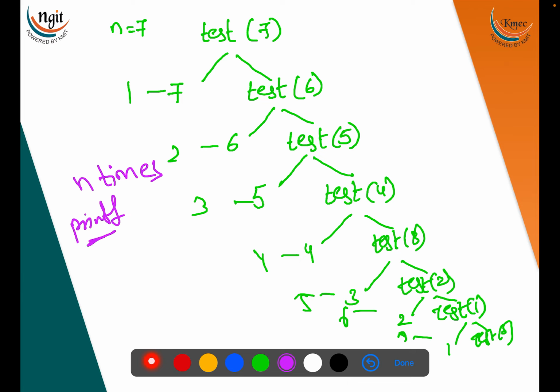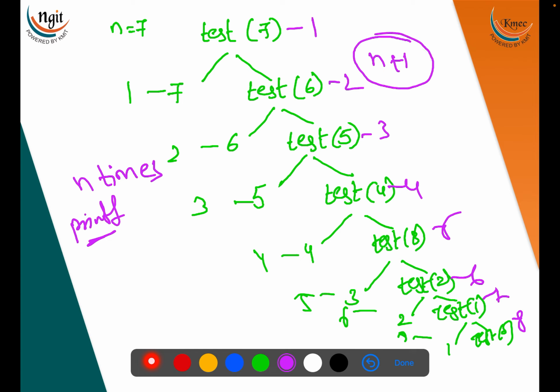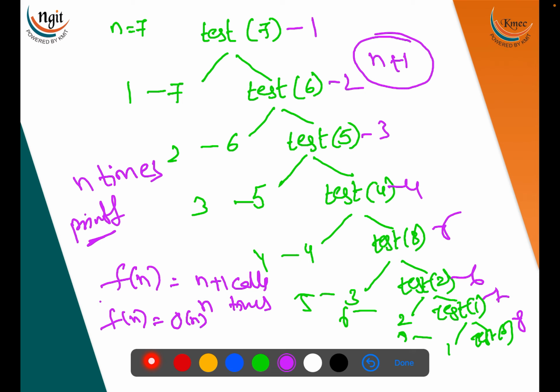Now, how many times has recursion been called? 1, 2, 3, 4, 5, 6, 7, 8. That is n plus 1. So recursion calls n plus 1 times. So f(n) equals n plus 1 calls and n times display. Thus f(n) equals order of n.